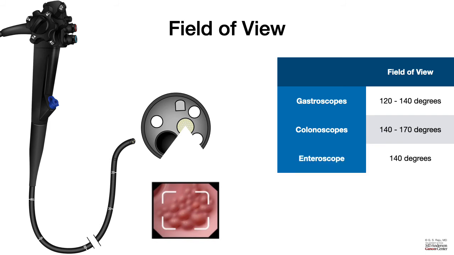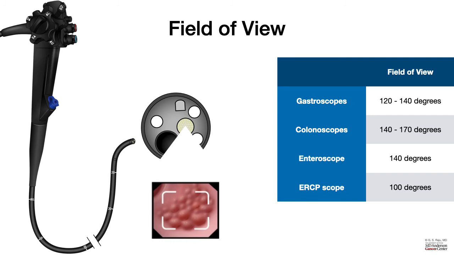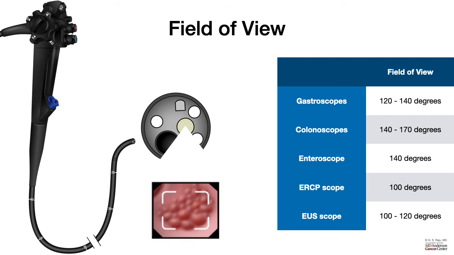Endoscope about the same as a pediatric colonoscope, and ERCP scope has 100 degrees, EUS scope about 100 degrees. As you can see here, when you use an adult colonoscope, you have much larger field of view. So something to keep in mind for screening purposes.